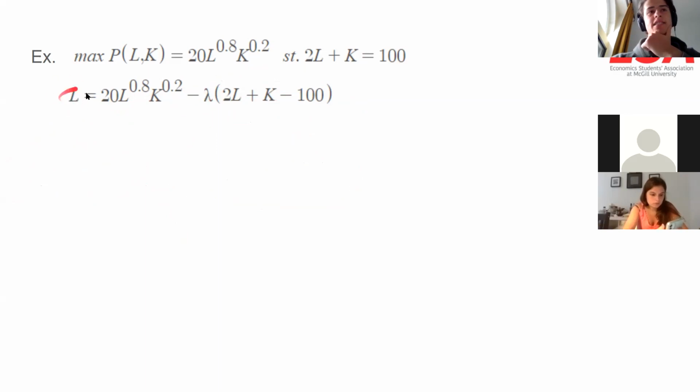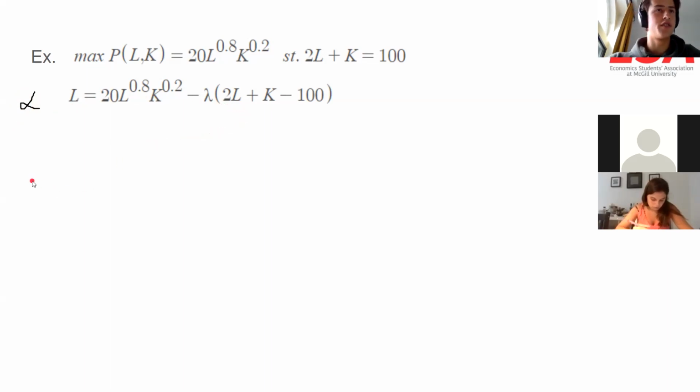When you're writing this L, try to write it in a way that you can make a difference between this L here and that L.